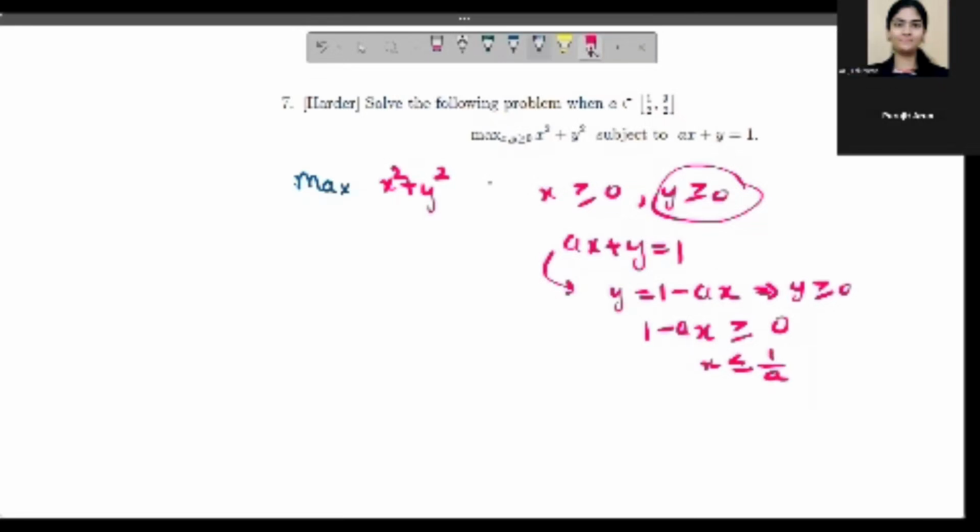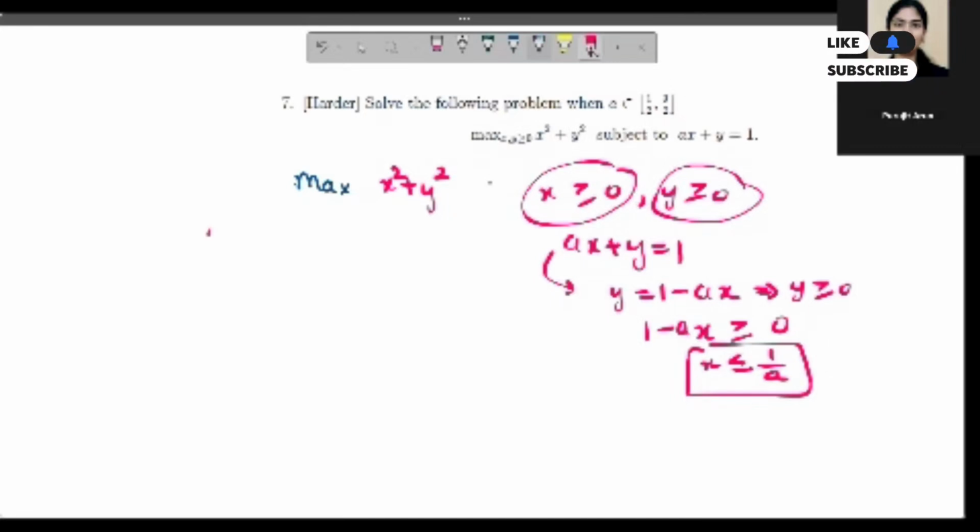And we know x is less than or equal to 1 by a from here, but still x has to be greater than or equal to 0, right? So what is the least value of x from both of them?